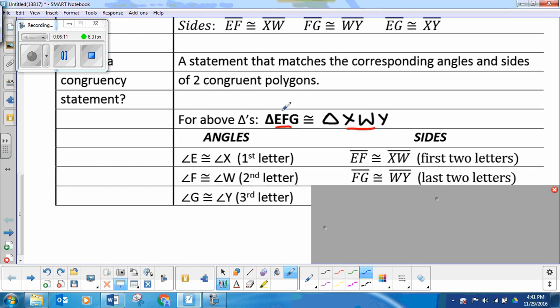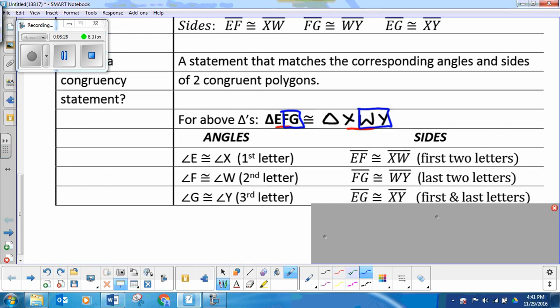And to show that, we've got the last two letters in both of our triangles. So the first two letters go together, the last two letters go together. And then finally, we have the first and the last letter, EG, and then the first and the last letter, XY, in the second triangle.